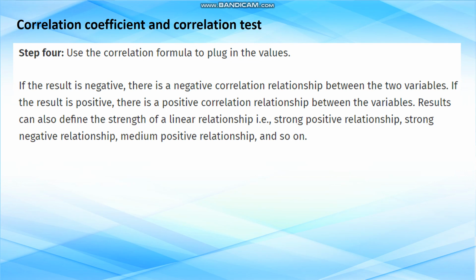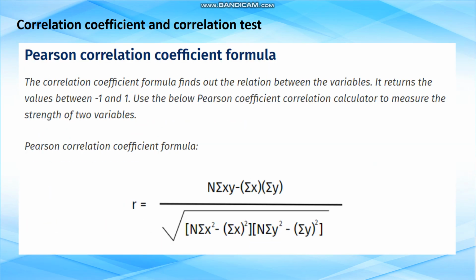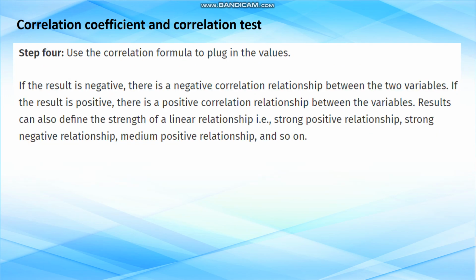Step 4, use the correlation formula to plug in the values to compute R. If the result is negative, for example minus 0.5, there is a negative correlation relationship between the two variables.